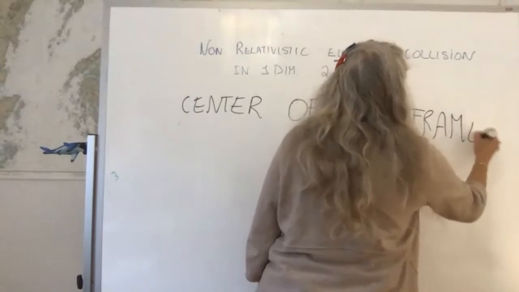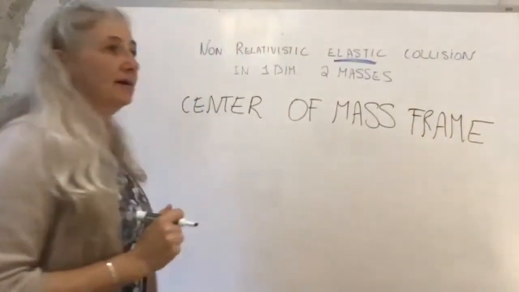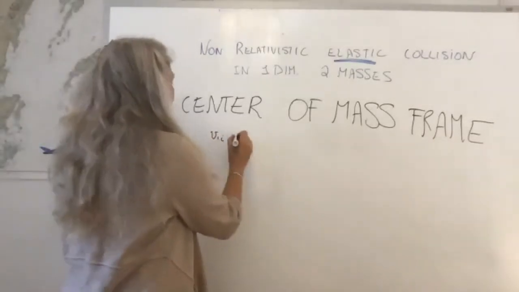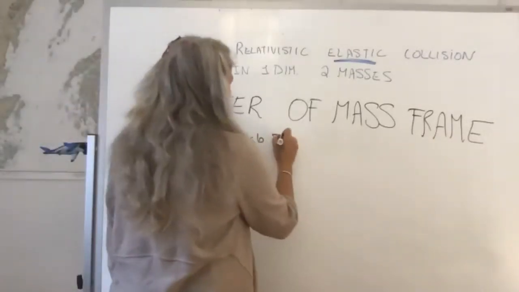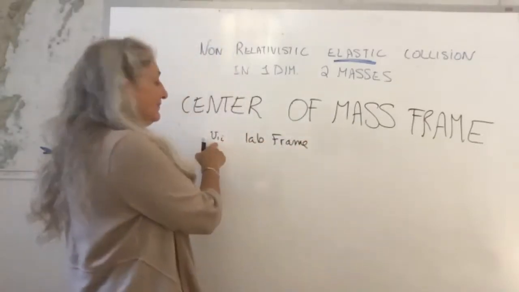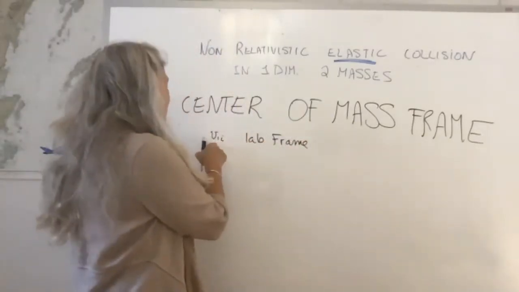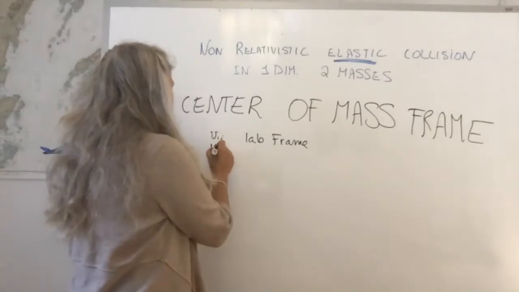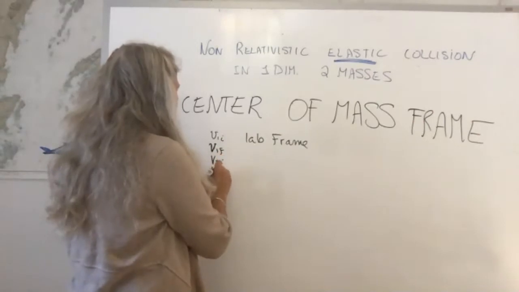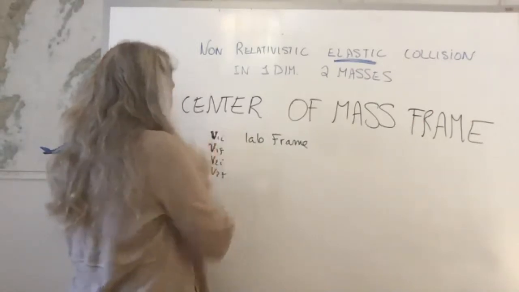So that's what I'm going to talk about. I used the V1I in the lab frame. This was the initial velocity of the first particle, and we had V1F and V2I and V2F, like this.